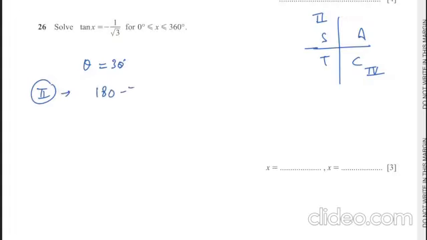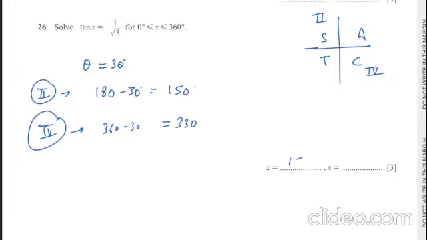So 180 minus 30 degrees, so the answer will be 150 degrees. And in the fourth quadrant it will be 360 minus 30 degrees, which is 330. So 150 degrees and 330 degrees will be the answer for this.